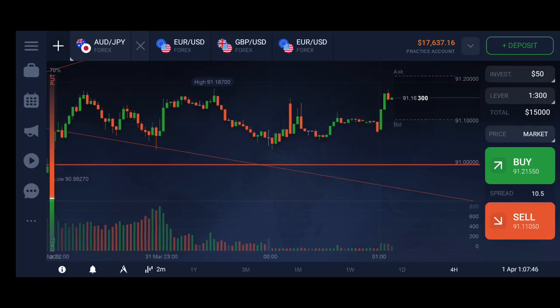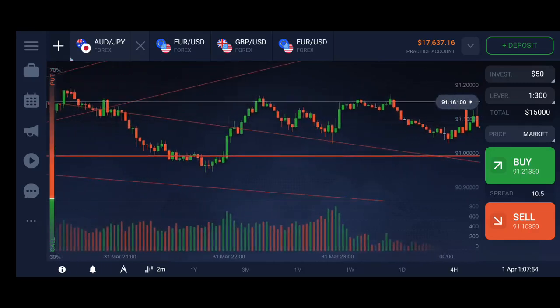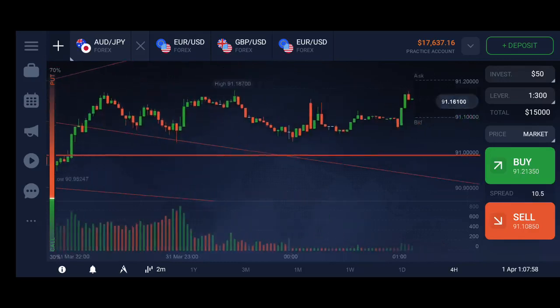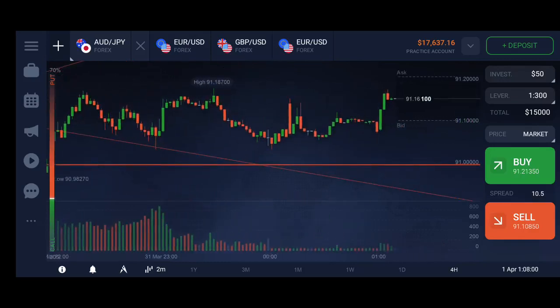But right now, let me try to break this down, the candlestick patterns. If you're trying to analyze the markets, you must know what the market is meaning to you. Right now we are using this 4-hour time frame, and we are on the Australian dollar versus the JPY, Japanese yen.